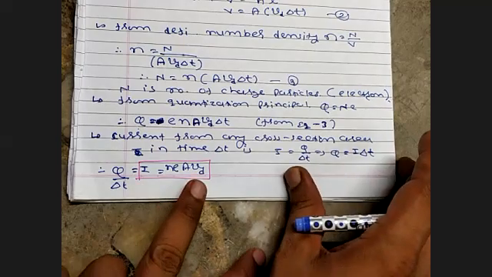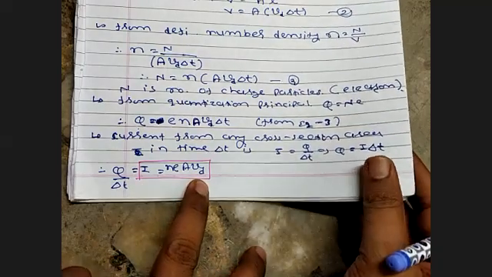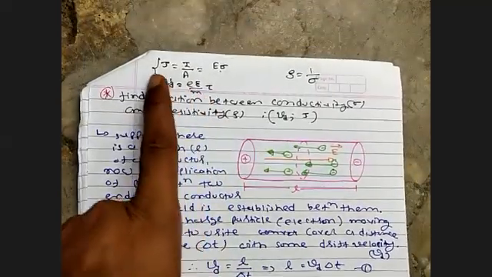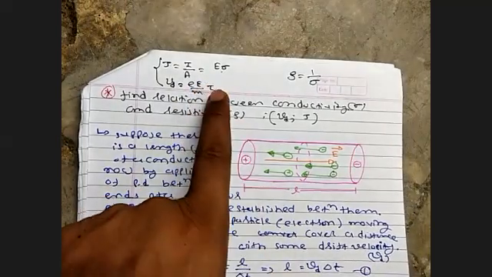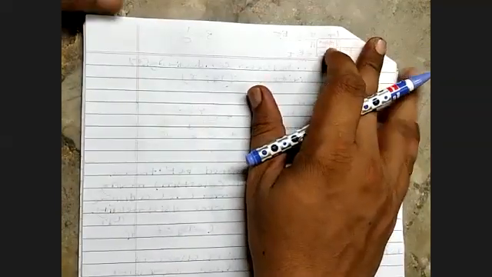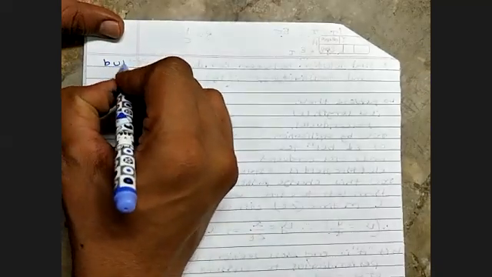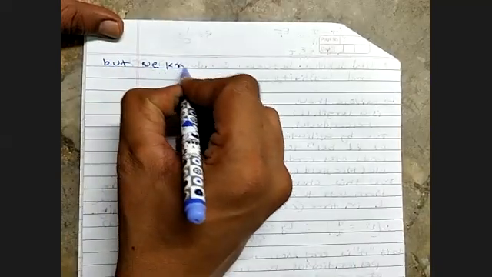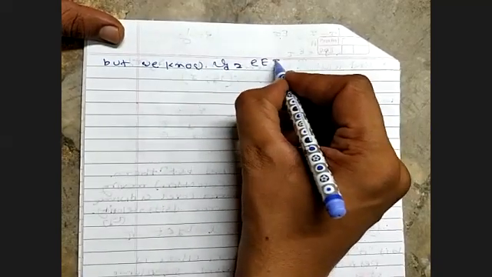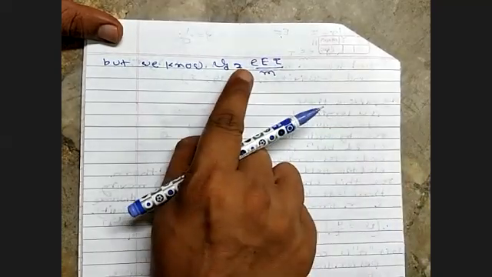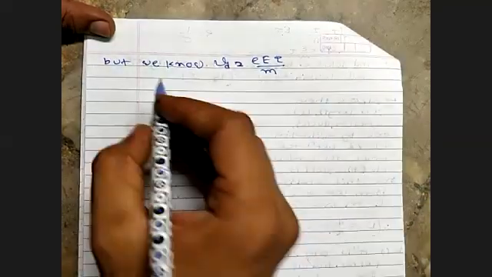Now further, as you know, VD is the drift velocity, and there is a current density J. So use the equation VD is equal to E tau upon M. Here E and q are the same, no problem between them.